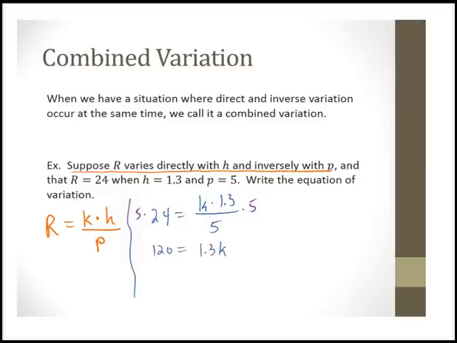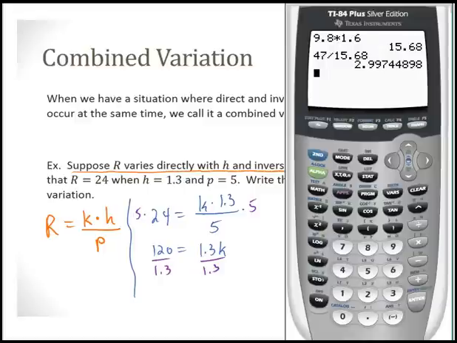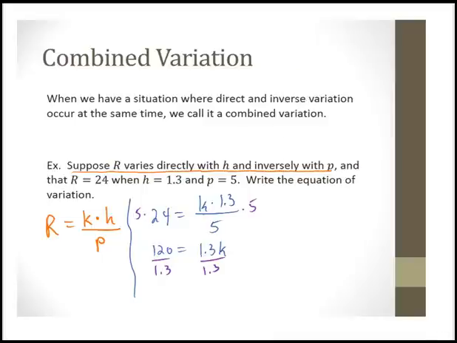And dividing through by 1.3, so let's say 92.31. So then our model is R equals 92.31 H over P.